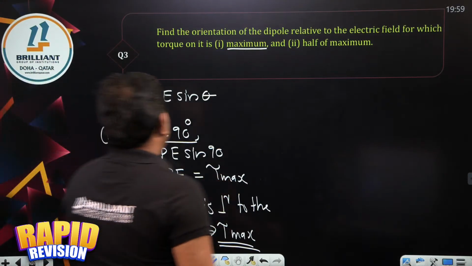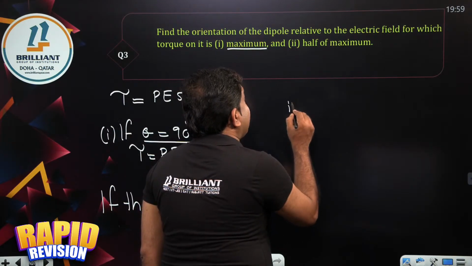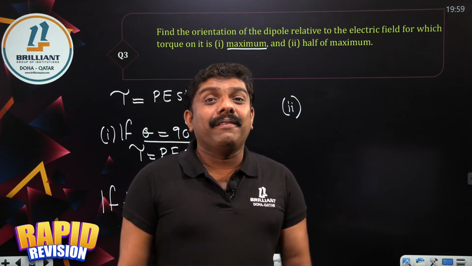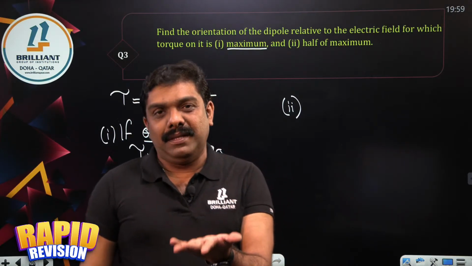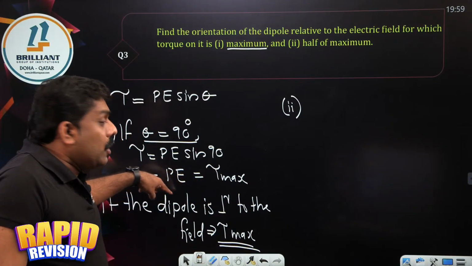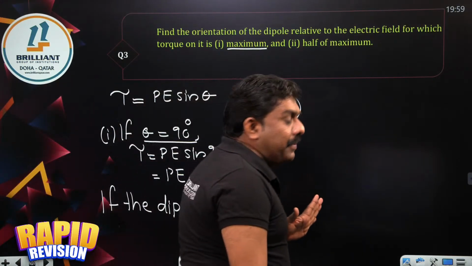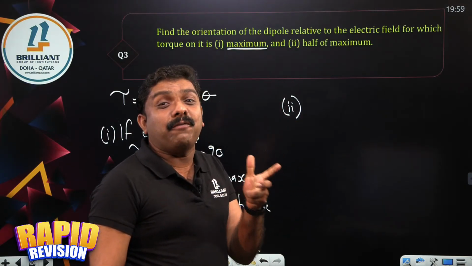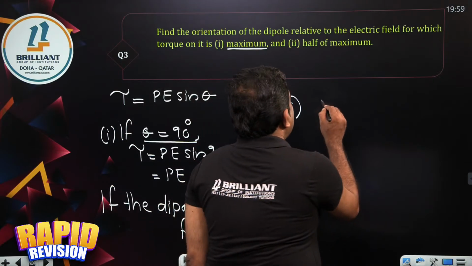Now the second one, when will it be half of maximum? When the sine value becomes half, that is half maximum, because the maximum value is PE. That happens at 30 degrees.